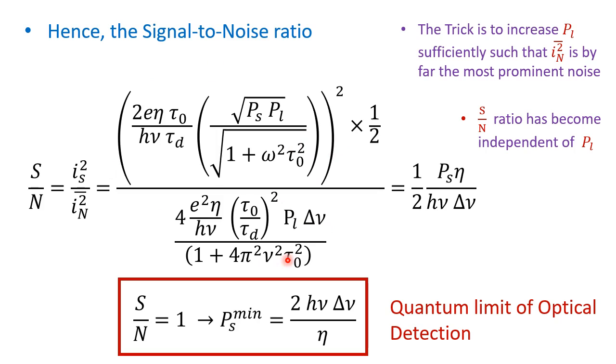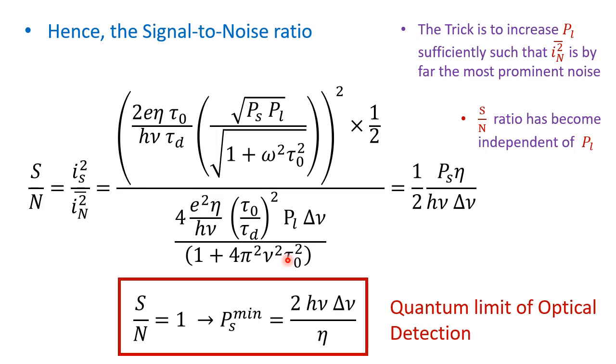Which is amazing, because what we have done is the signal to noise ratio has become independent of the local oscillator, even though it is simply used as a trick to beat my original signal with this local oscillator, which has a significant amount of power and energy. But we have to make sure that that power is a constant, there is no phase variation and so on there.